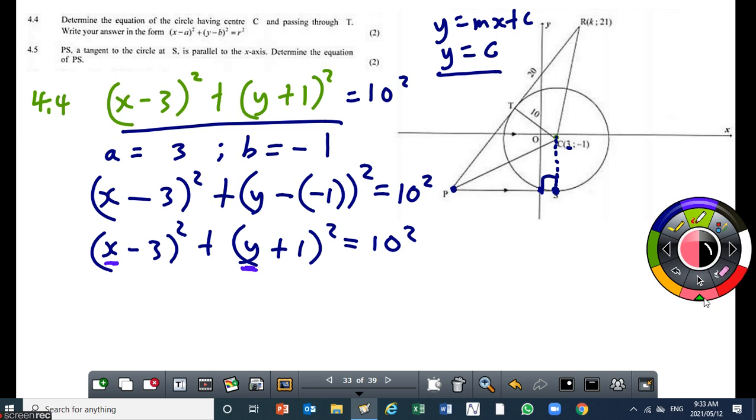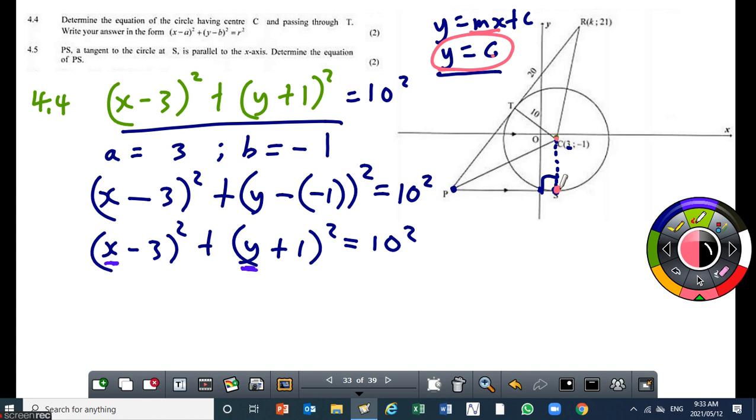Mandisa, do you agree with me that the gradient is 0 here? The equation is going to be that. Do you also agree with me that this c here is a y value? Then how are we going to get it? We are going to use the fact that the value of x at the center is the same as the value of x at point S, because the radius CS is perpendicular to the tangent PS.